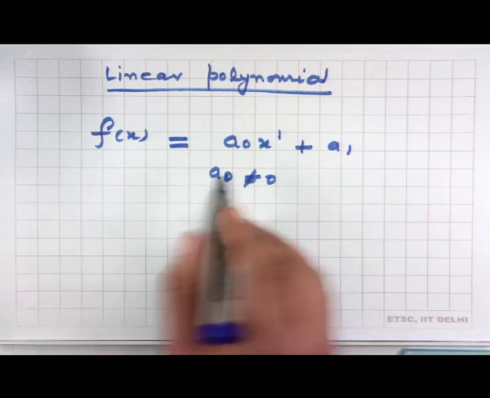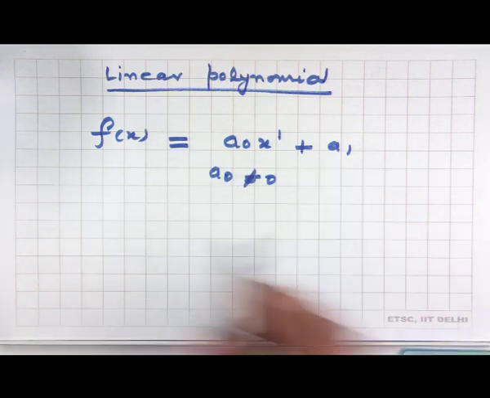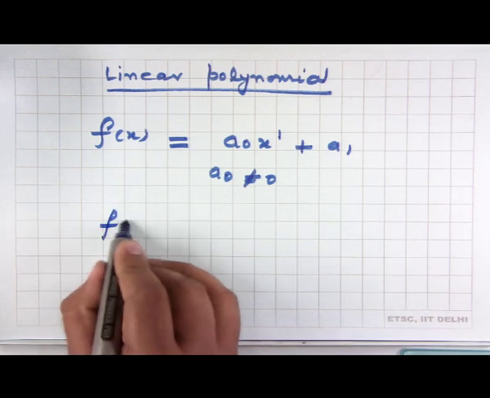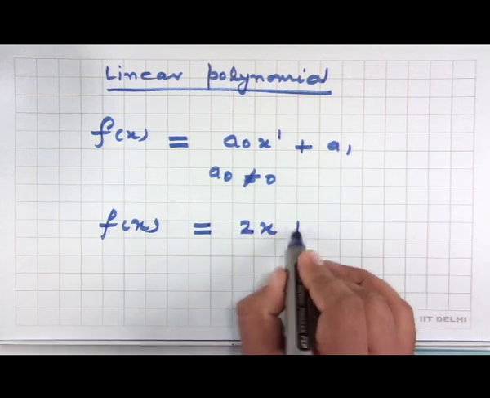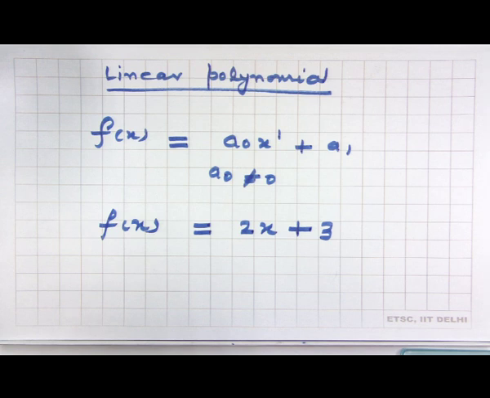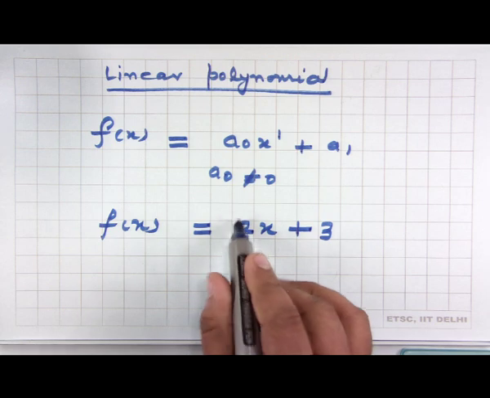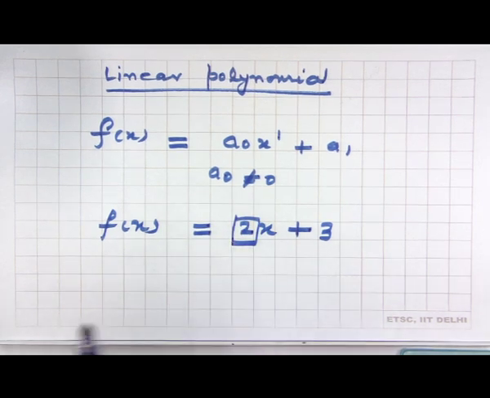So this polynomial is called a linear polynomial. For example, f(x) equals 2x plus 3 is an example of a linear polynomial. Here a0 is 2 which cannot be 0.